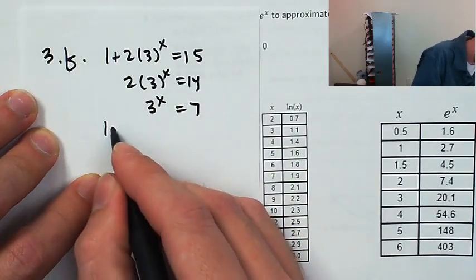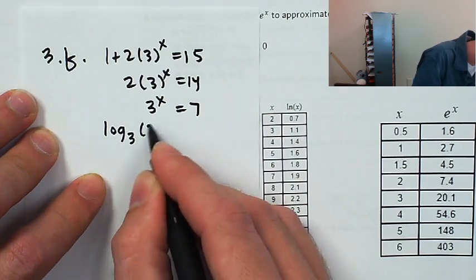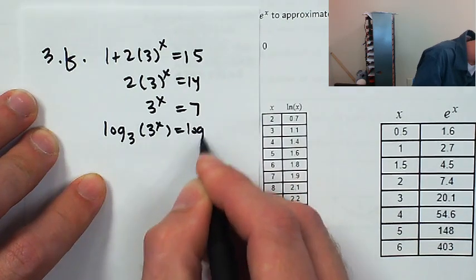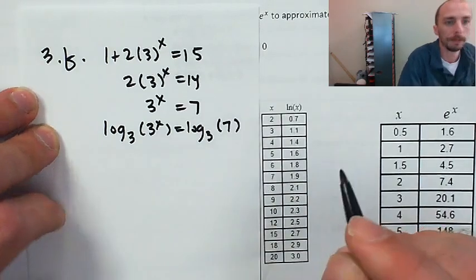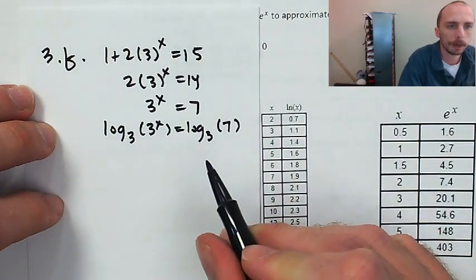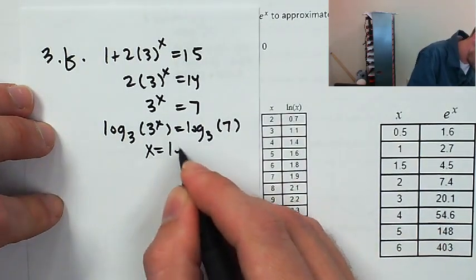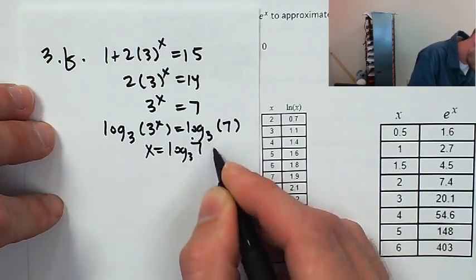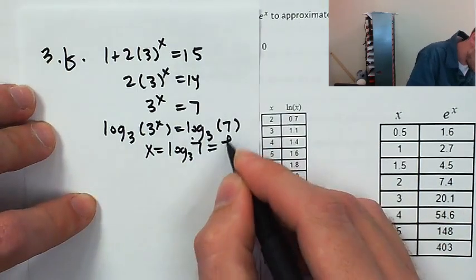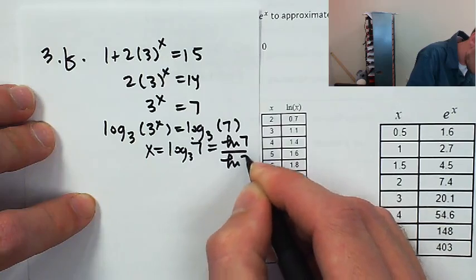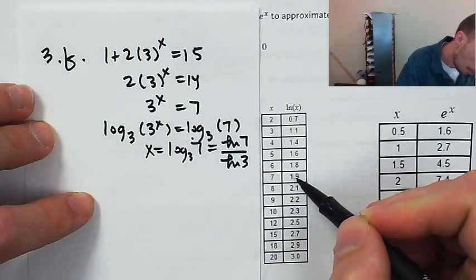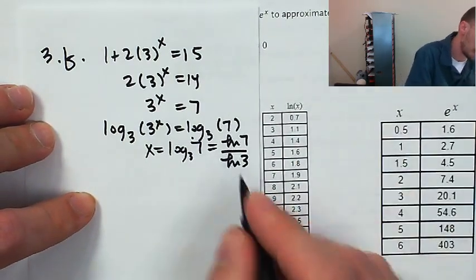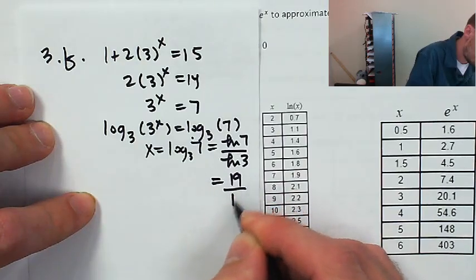Take the log with base 3 of both sides. And then, what am I doing here? Okay, so x equals log base 3 of 7, which I'm going to approximate using the change of base, natural log 7 over natural log 3, 1.9 over 1.1, that's 19 over 11.